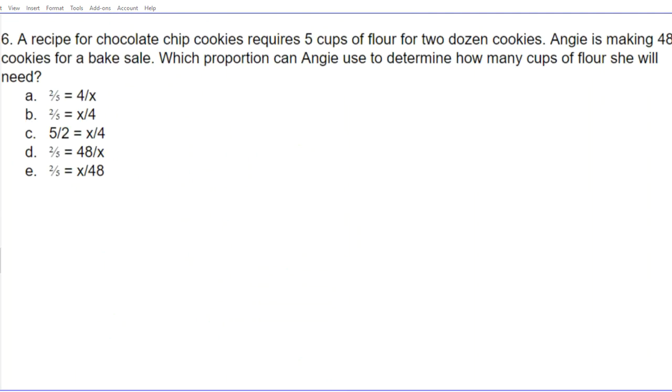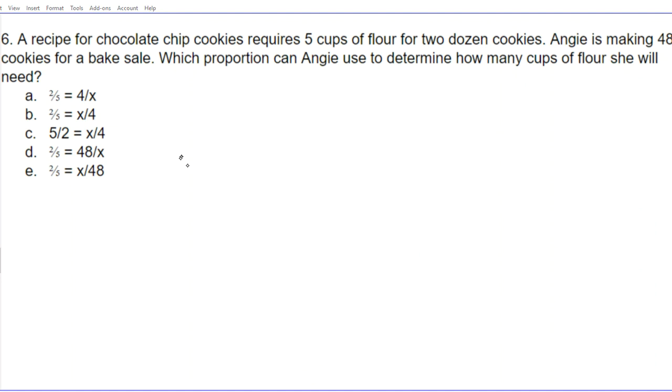All right, let's take a look at question 6. It reads, a recipe for a chocolate chip cookie requires 5 cups of flour for 2 dozen cookies. Angie is making 48 cookies for a bake sale. Question, which proportion can Angie use to determine how many cups of flour she'll need? All right, so in this particular case, we're looking at cups per dozen cookies.